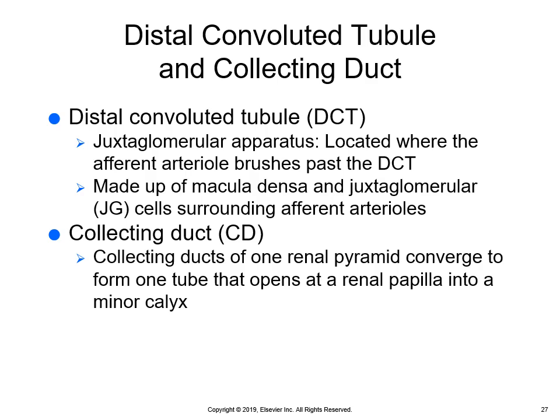All right, in terms of the collecting ducts, they're like the final checkpoint before the urine will leave that nephron. It gathers fluid from multiple nephrons, and it adjusts water reabsorption based on hormones like ADH, antidiuretic hormone.